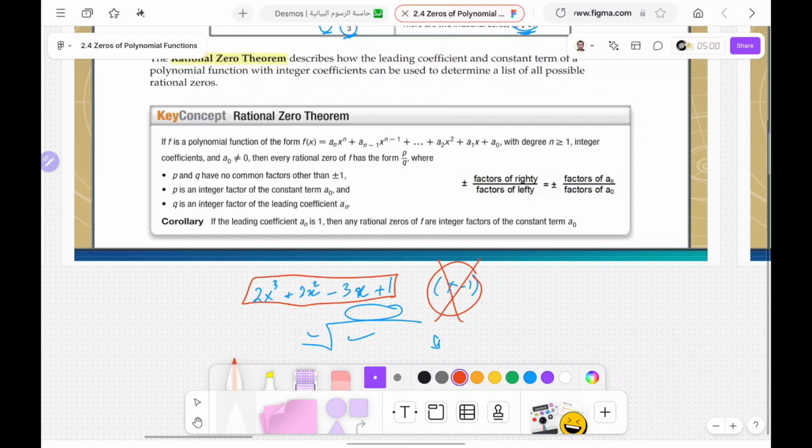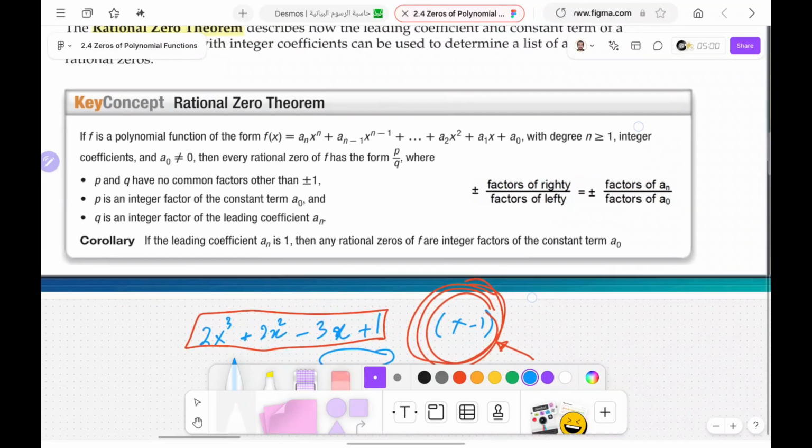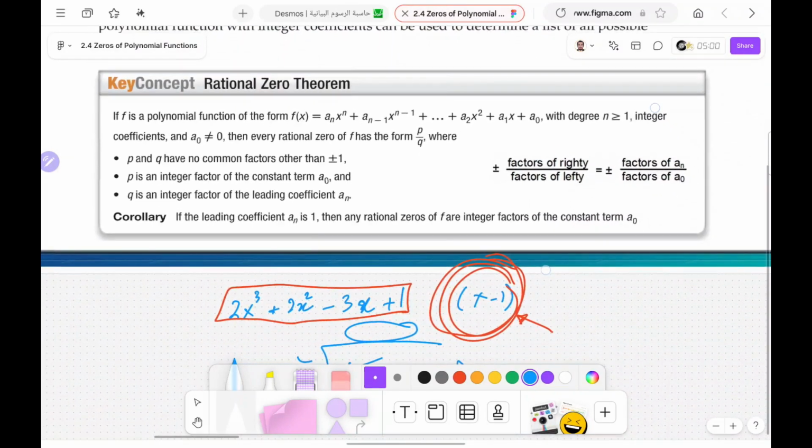Now, our goal in this lesson is to find the factors of this. How can we do this? I will just summarize it for you. You look at the polynomial. The possible rational zeros are plus or minus the factors of the right-hand term over the factors of the left-hand term, or we can say the factors of a0 over the factors of an.